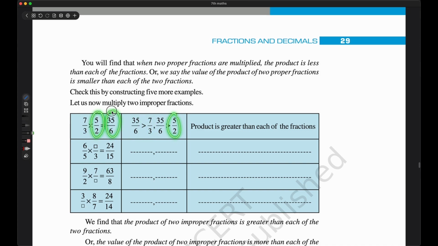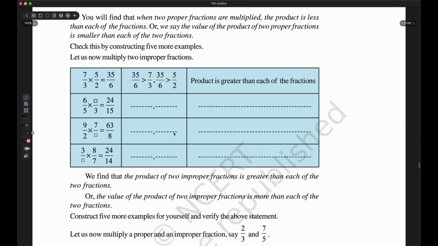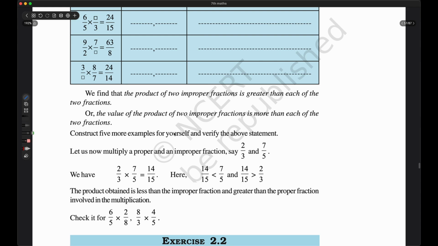The product, 35 divided by 6, will always be greater than the individual fractions. So we can say that the product of two improper fractions, where the numerator is greater than the denominator, will be greater than each of the two fractions.